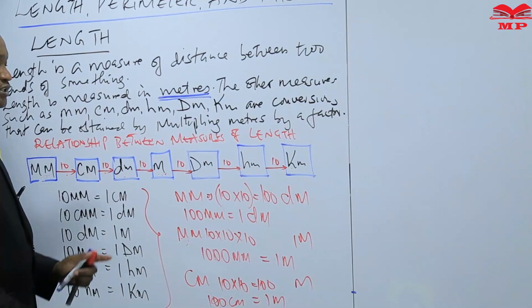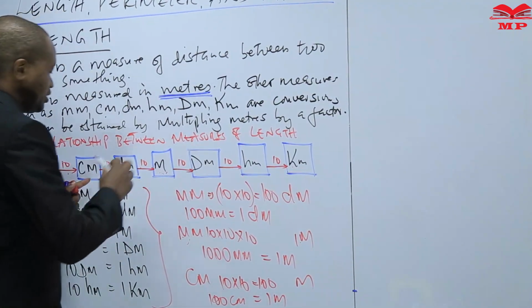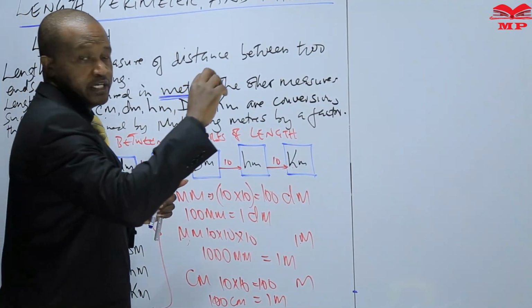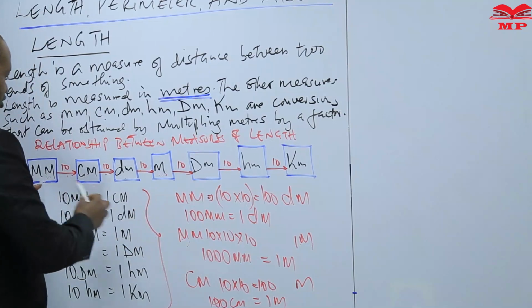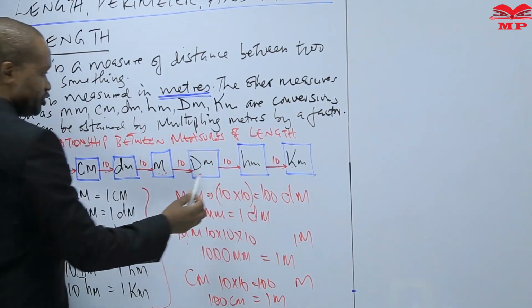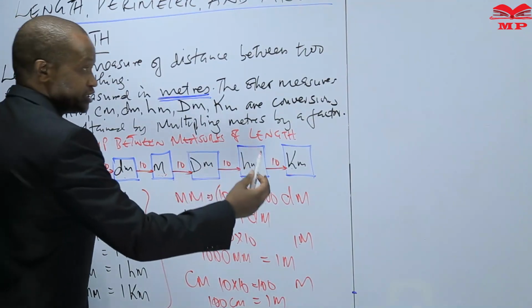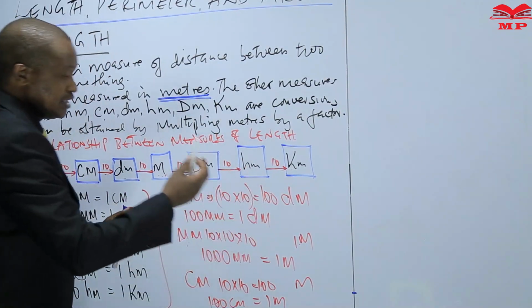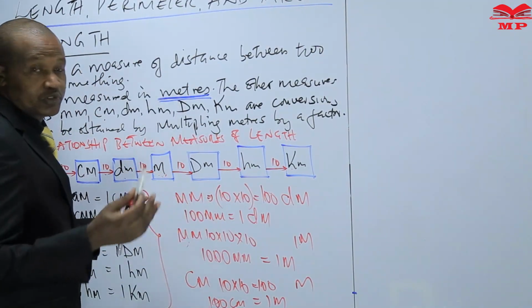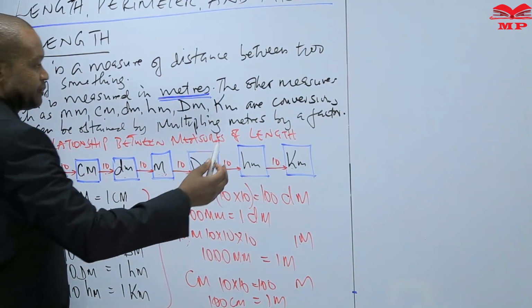So to convert a smaller unit to a larger unit, you simply use this diagram. Check between the units. How many tens are between the units? Then you multiply the tens, meaning getting the product of the tens between the units.